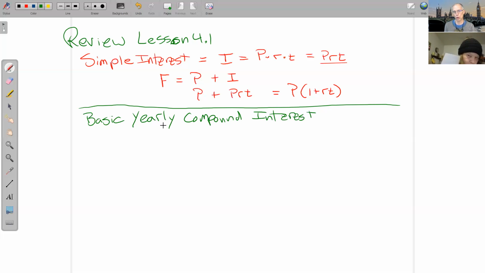And I'm not going to go through all the work we did to come up with this, but we came up with a formula that says for compound interest, the future amount looks kind of similar to simple interest. We get a P times parentheses. In the parentheses is just the 1 plus R, and the T pops out as an exponent. Okay? And this is an exponential equation.